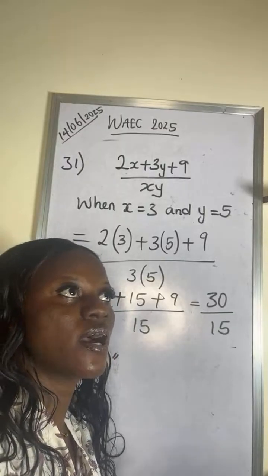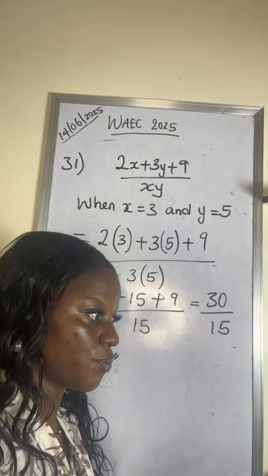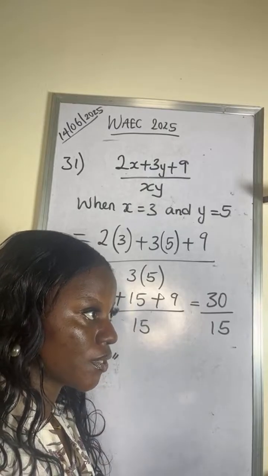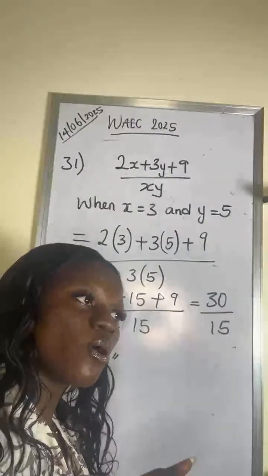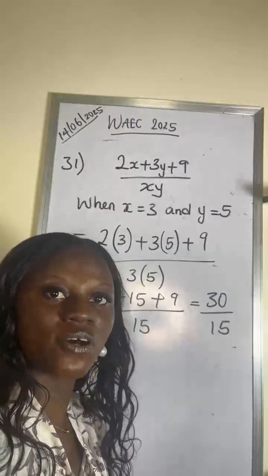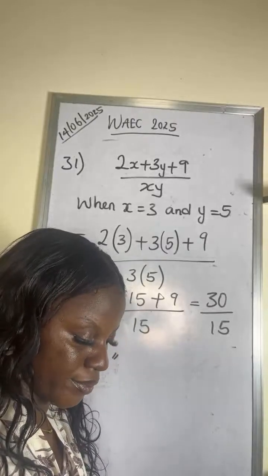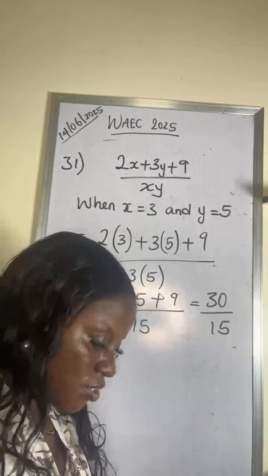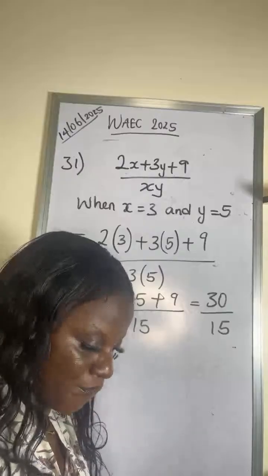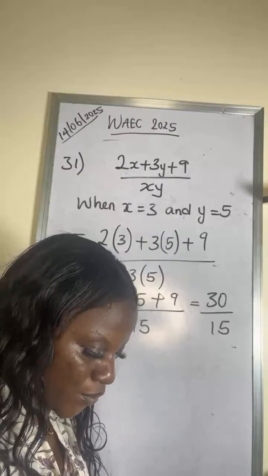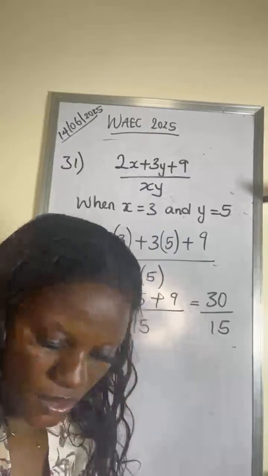They have graphical method for simultaneous equation, if I remember clearly. They need to always practice past questions, because these topics always come around. So if you have an idea of what these topics are, it's never a big deal for you.